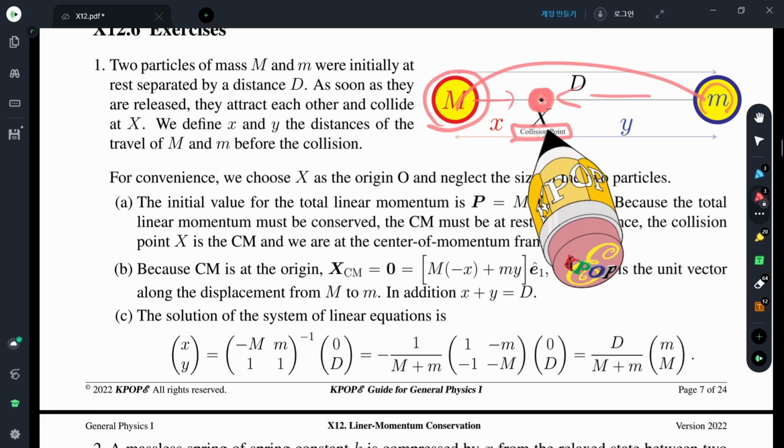Then where is the center of mass? Because there is no external force at all, the center of mass has the same velocity forever.